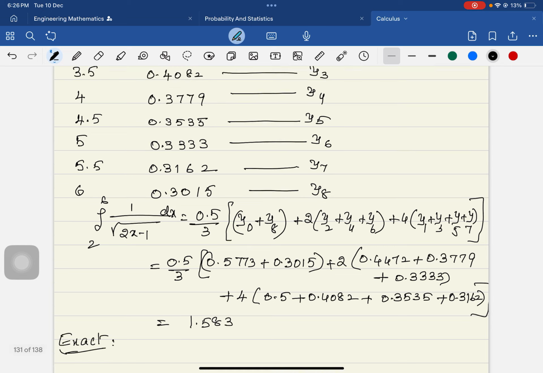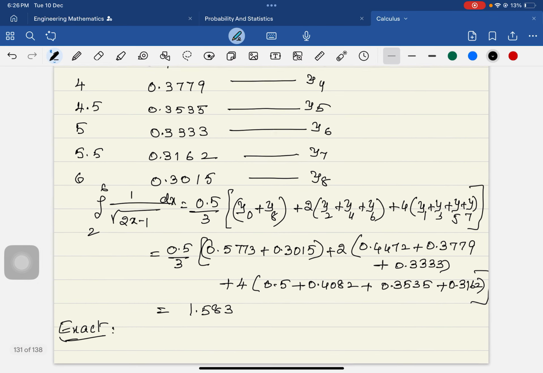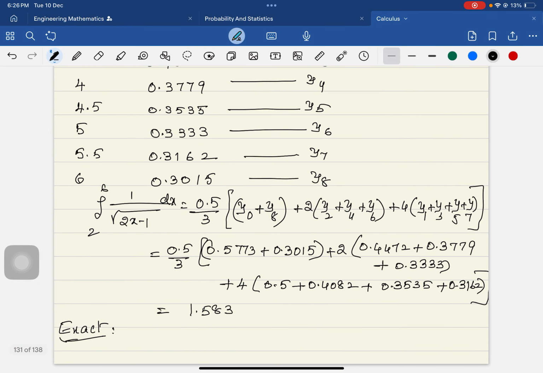Now let us do the exact value. What is the exact value? How to do this? The integral of 1 over root 2x minus 1, how will you do? You will take the substitution t equal to 2x minus 1, so dt by 2 becomes dx. So it is 1 over root t times 1 by 2 dt.